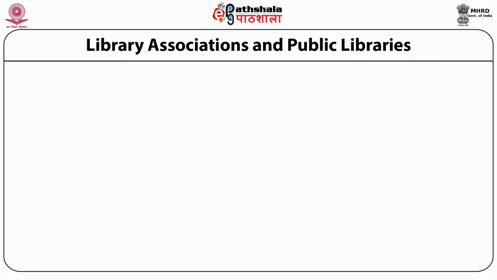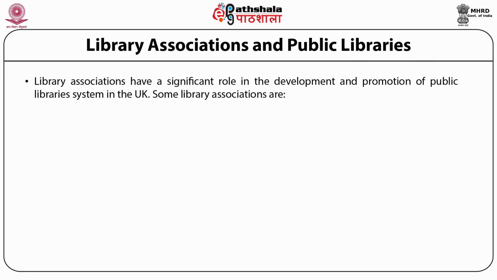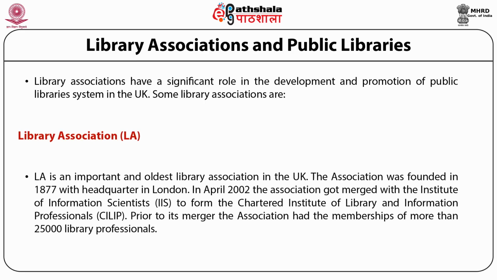Library associations and public libraries. Library associations have a significant role in the development and promotion of the public library system in the United Kingdom. Some library associations are the Library Association, LA. LA is an important and the oldest library association in the UK. The association was founded in 1877 with headquarters in London.